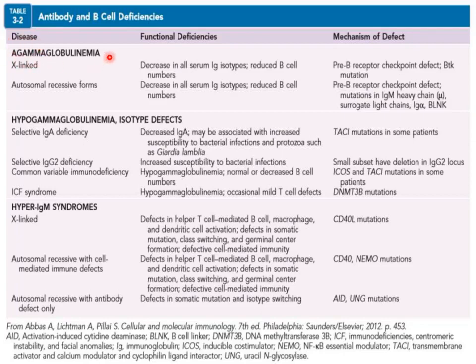Number 2, hypogammaglobulinemia, that means produced in lesser quantity than normal. Number 3, hypergammaglobulinemia, or produced more than normal. Okay, so let us discuss a few important diseases one by one.